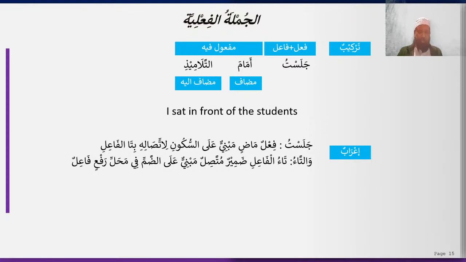You cannot use this تاء الفاعل with any other فعل or any other isms. It is only with فعل ماضي. So it is ضمير متصل مبني على الضم, in place of رفع, which is فاعل: في محل رفع فاعل.